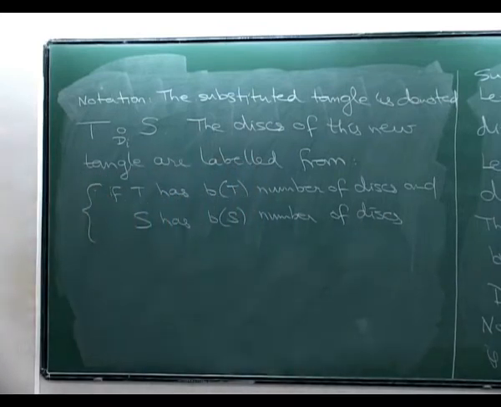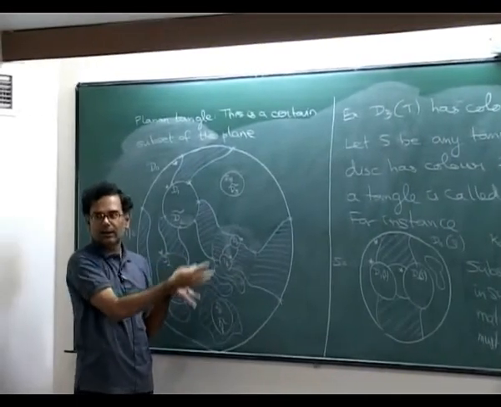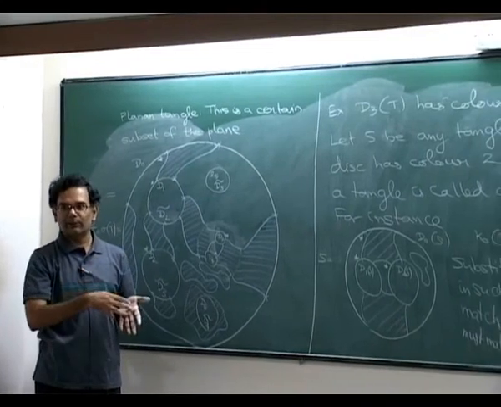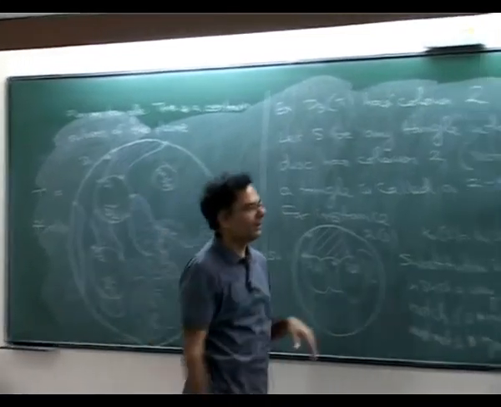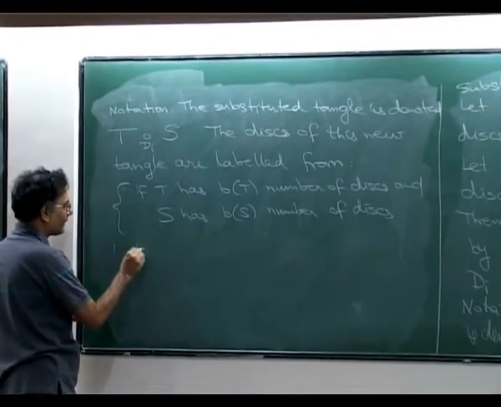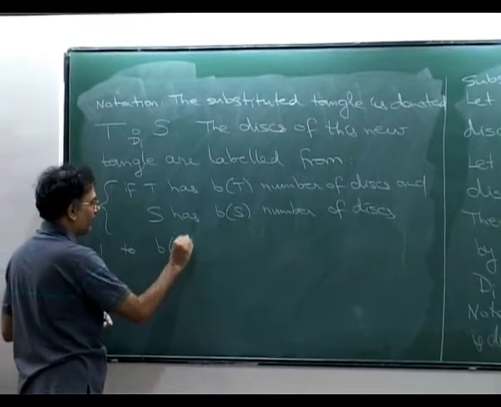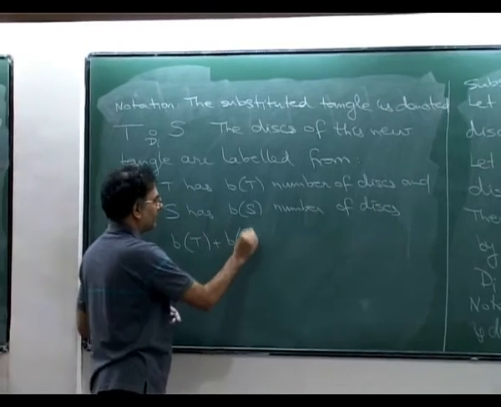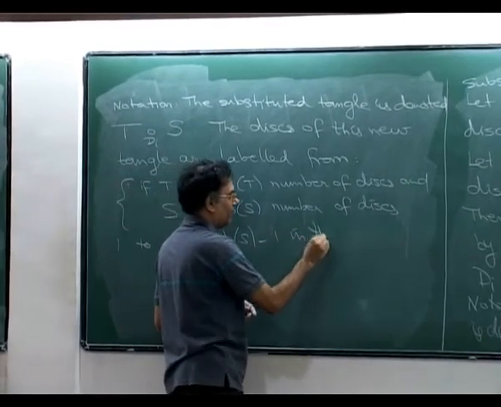Everything except one still remains, and everything in S is still going to be there. So it is B of S plus B of T minus 1, since the one that vanished, I erased one. So labeled from 1 to B of T plus B of S minus 1 in the following order.